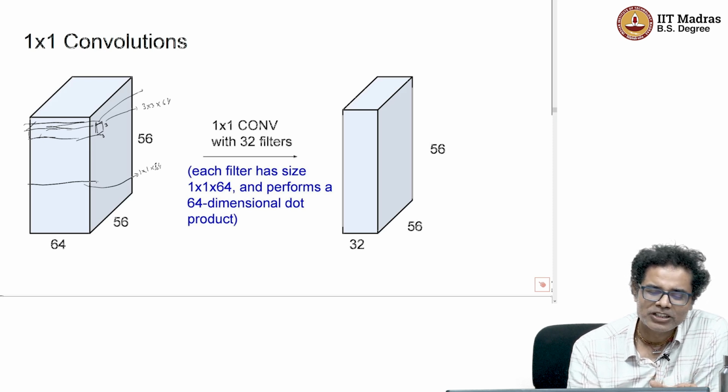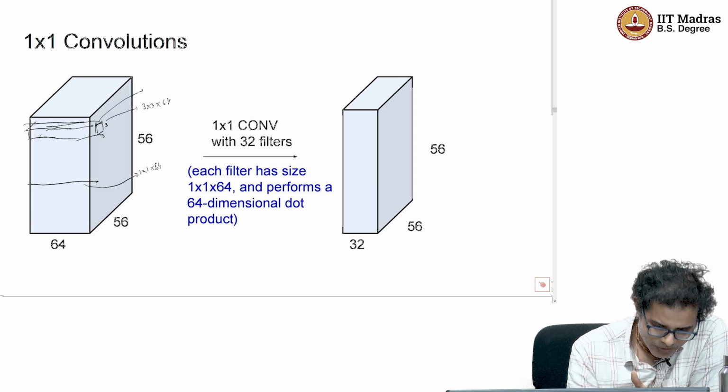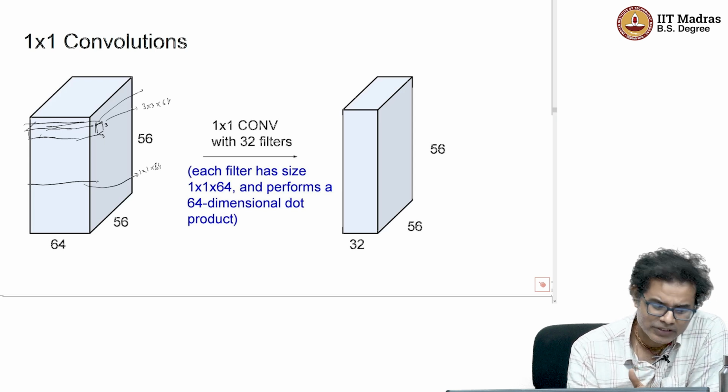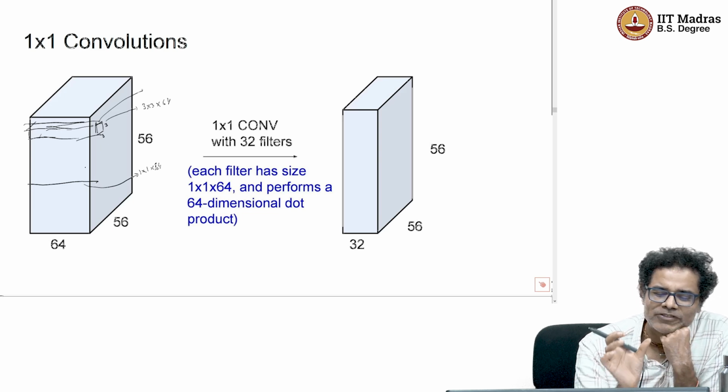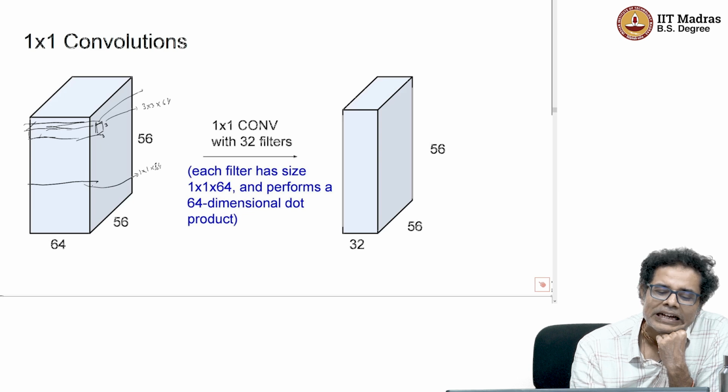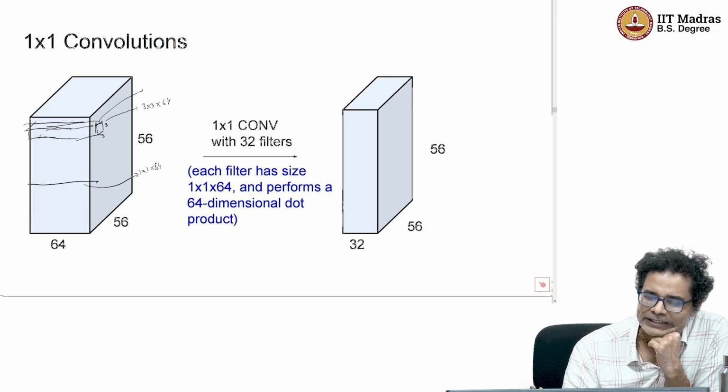You're looking at 1 XY pixel location, and for that location you take all the input channels. That becomes a 64 dimension vector, and you have the 1 cross 1 kernel. You do an inner product with that, and that will give you 1 channel.